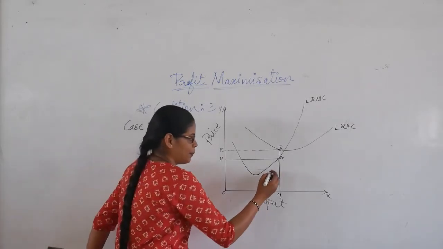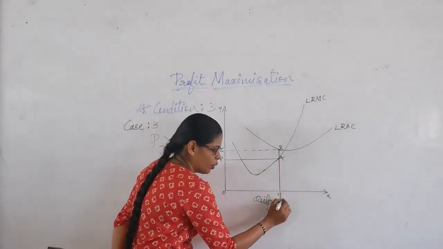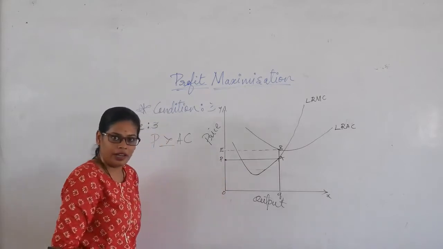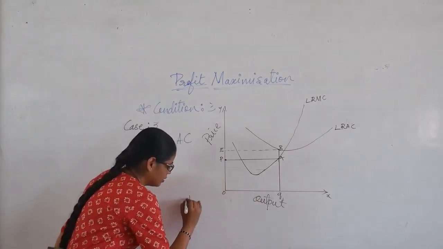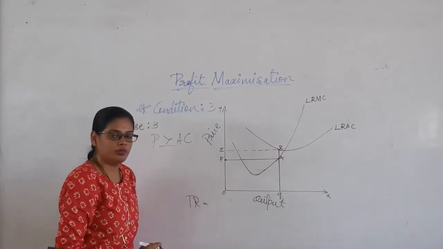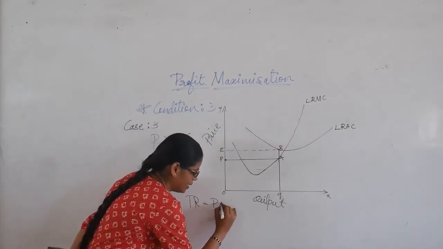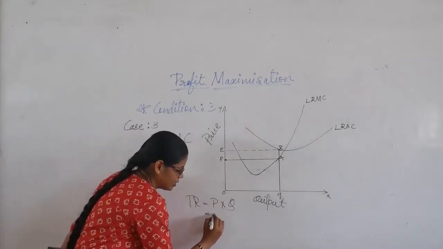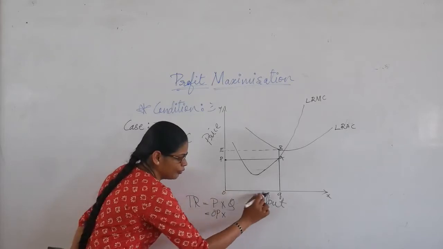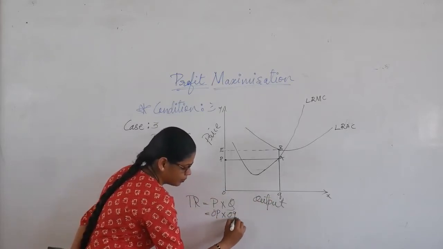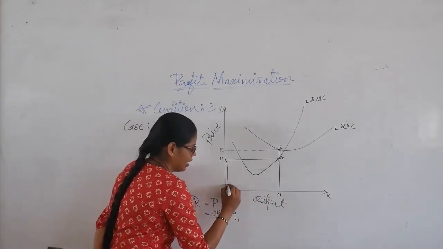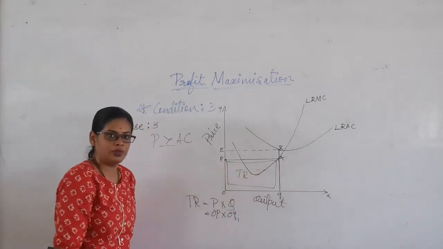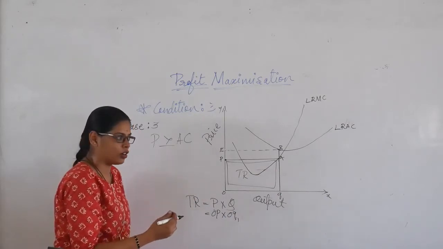See, at the point A, at Q1 quantity, the price is P. So the total revenue is the price into quantity. The price is OP, and the width is OQ1, so this area is our total revenue. Now we want to understand the total cost.